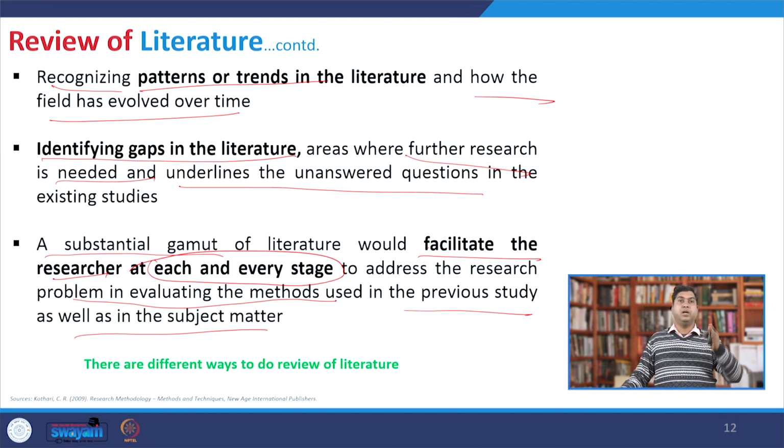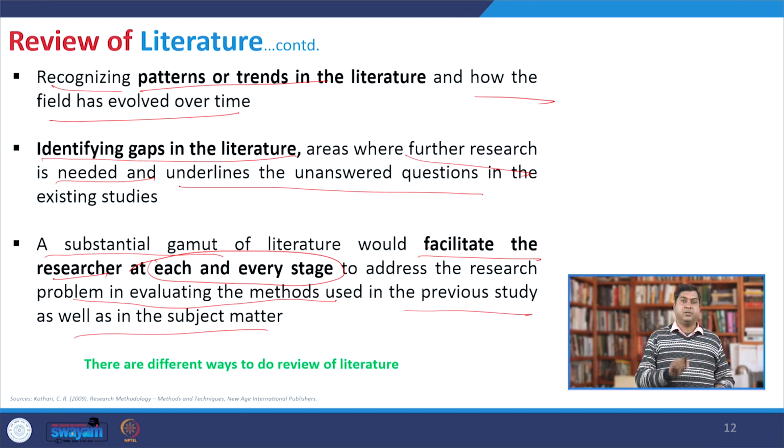So it is not only to identify the gap in the research, but the literature review also helps you identify the right method for your data analysis. It will also help you choose the proper data type for your research, and help in comparing the past findings with your findings.